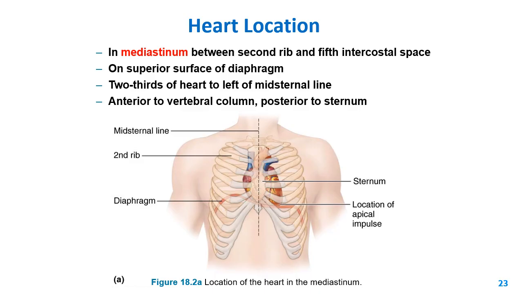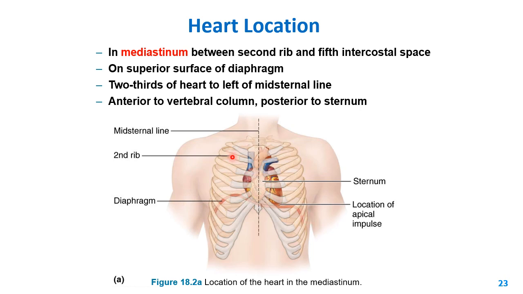So here, where is the heart? Right behind your sternum, your sternal bone, and it is in the middle, in the mediastinum, the midline. And an important thing to know here, the heart is sitting right on top of your diaphragm, that very important breathing muscle. So here's your diaphragm.